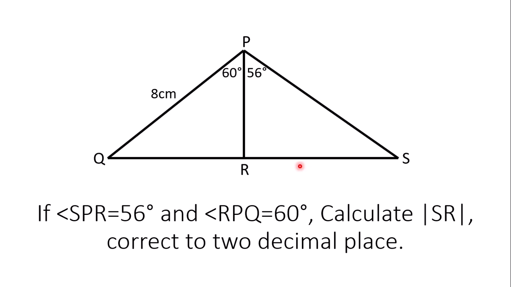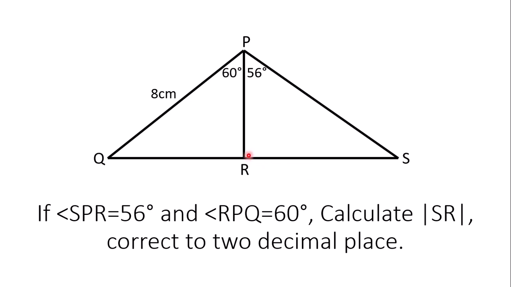Because we are using trig ratios, you can choose to use any of them to find this side first, and also use the same ratio to calculate maybe this side. After that, you use the same ratio to maybe calculate this side, or maybe you find this side first and then this side plus the other side here to get this one.